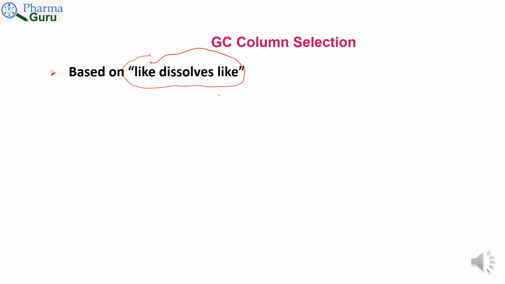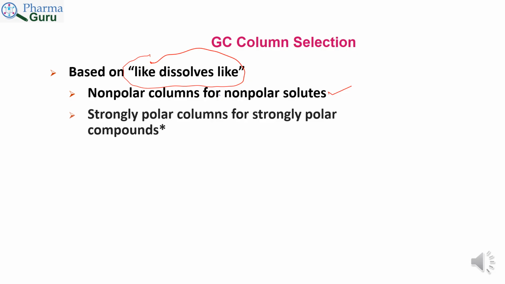GC column selection. GC column selection is based on like dissolves like, or like interacts like, or like attracts like. Non-polar columns for non-polar solutes, which means if you have to separate non-polar molecules, you should use non-polar column. Strongly polar columns for strongly polar compounds.